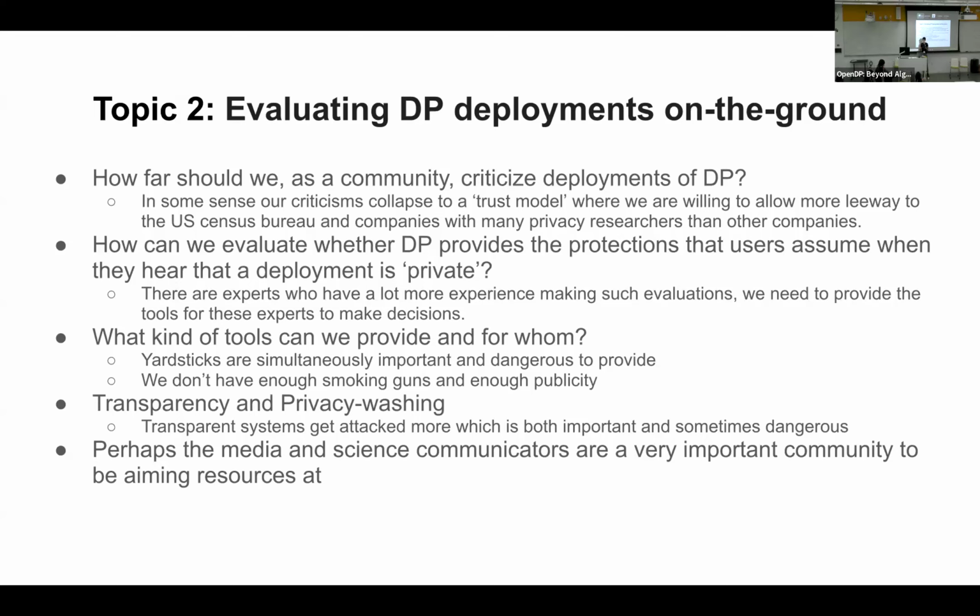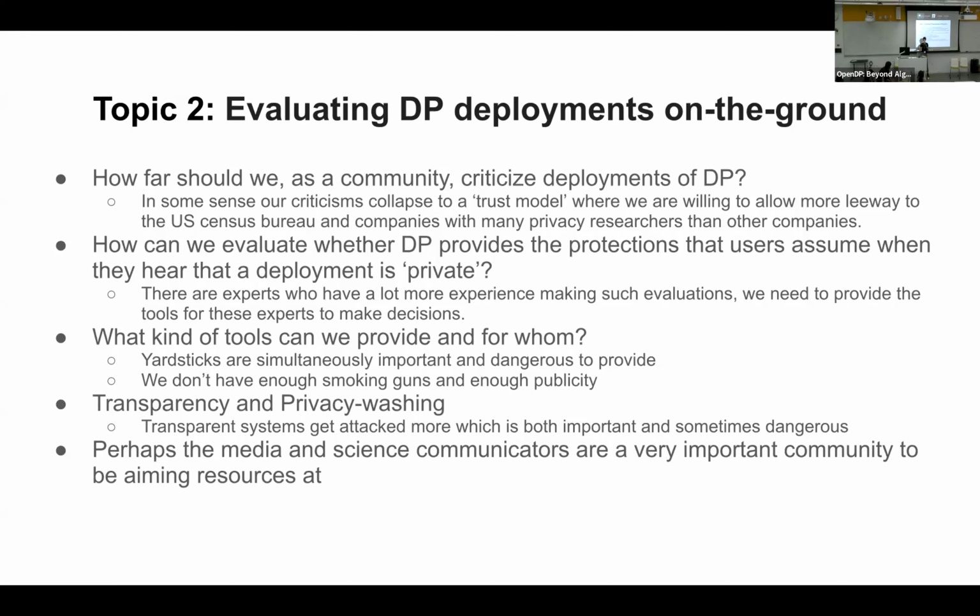Another thing was that there are transparent systems out there that implement DP, and they get attacked more than systems that just say, hey, this system is differentially private, and don't give you any information. So we should be careful about that.